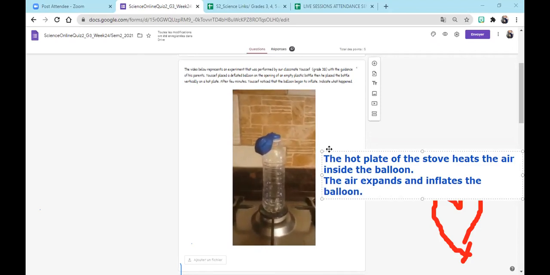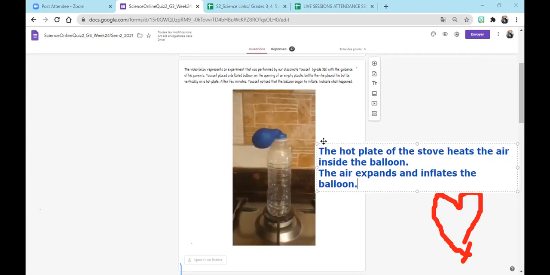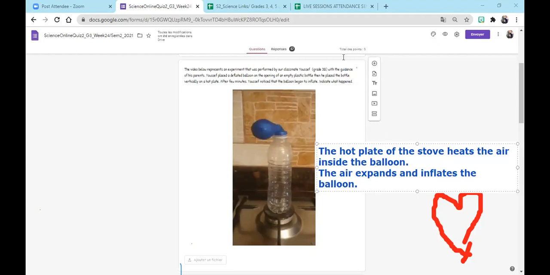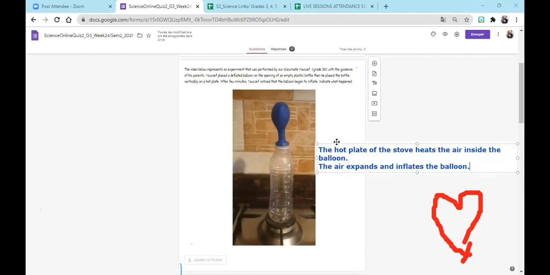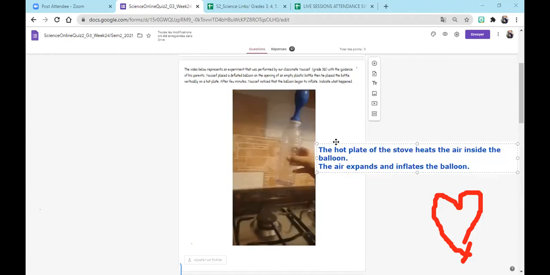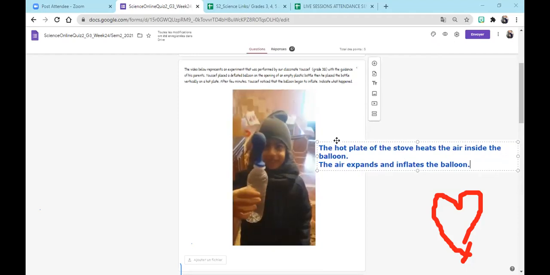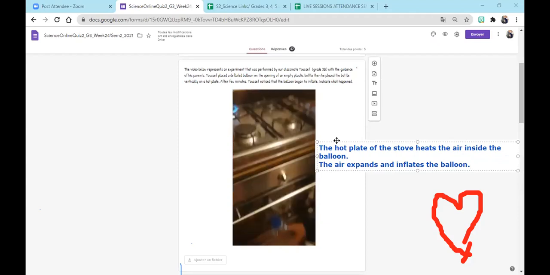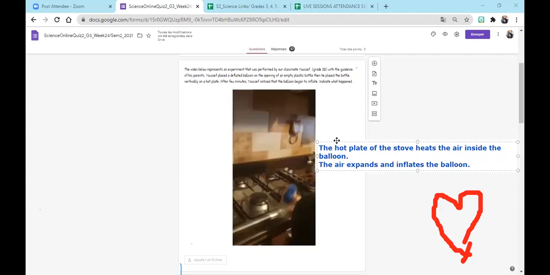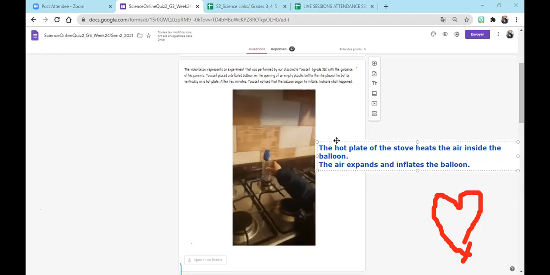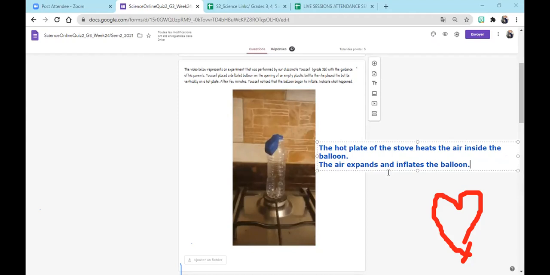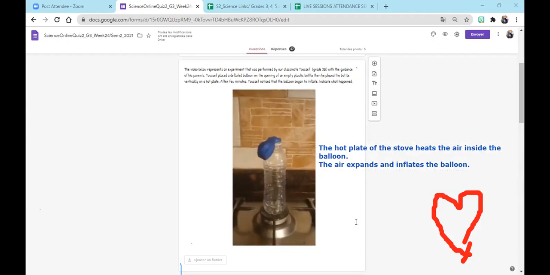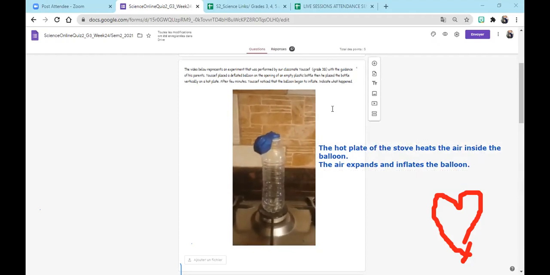So this is what you have to write. Writing that the balloon expands is not right. I'm not asking you if the balloon expands or not. It's the air that is inside the balloon that expands and inflates the balloon. Because the balloon can become bigger without inflating. So this is what you have to say, that the air inside the balloon expands and inflates the balloon.